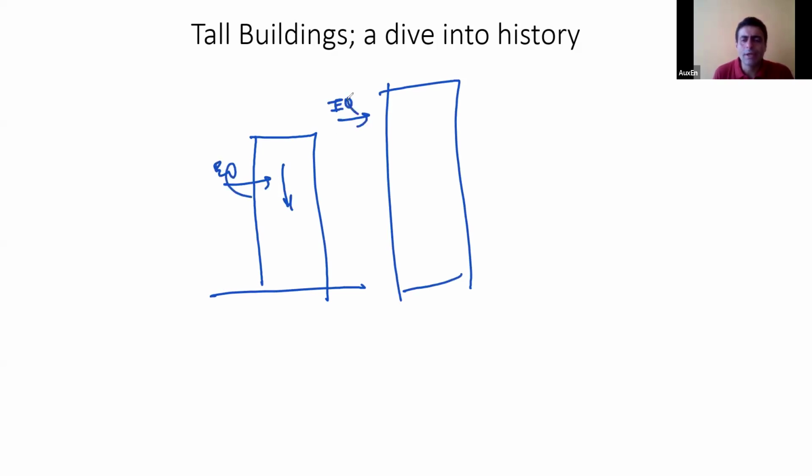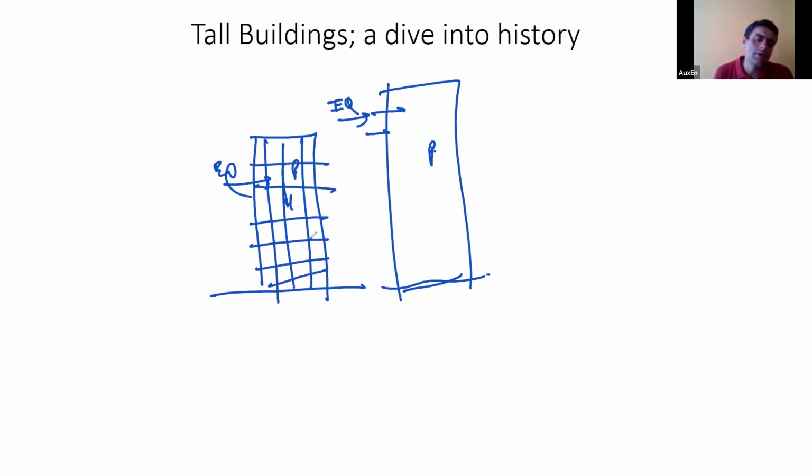But as an engineer, you will begin to understand that a few things which you were doing in a regular building are not working out in a tall building. For example, your regular G+10 building was quite okay with a regular beam column moment frame. Your drifts were under control. Everything was under control.